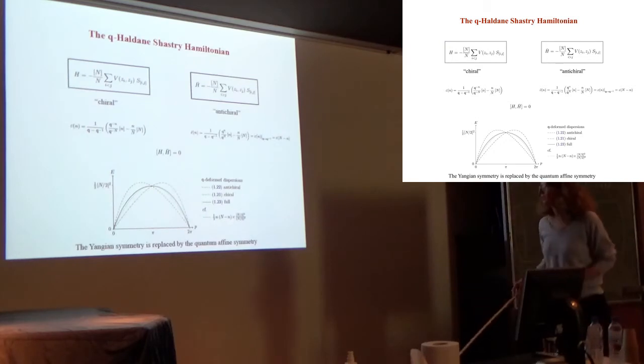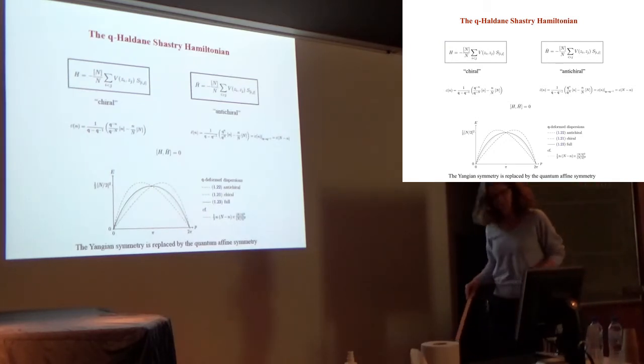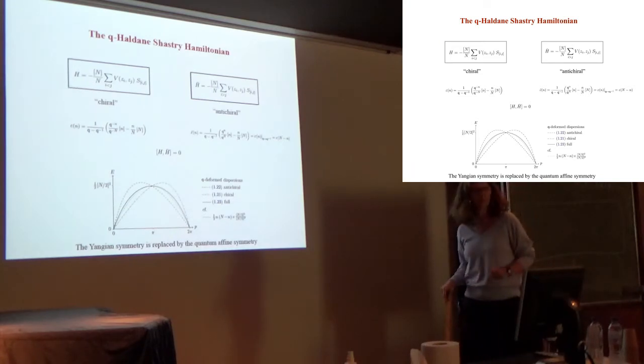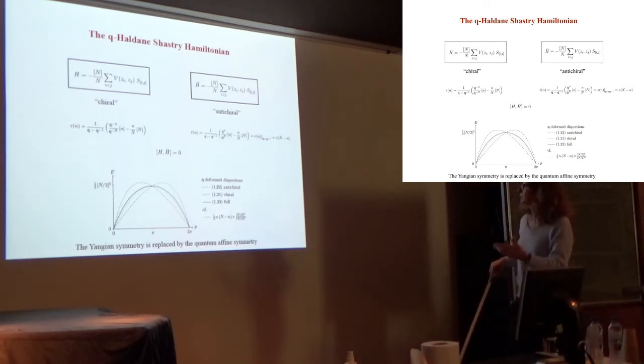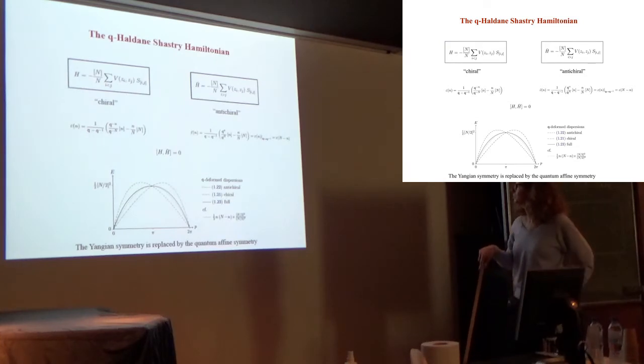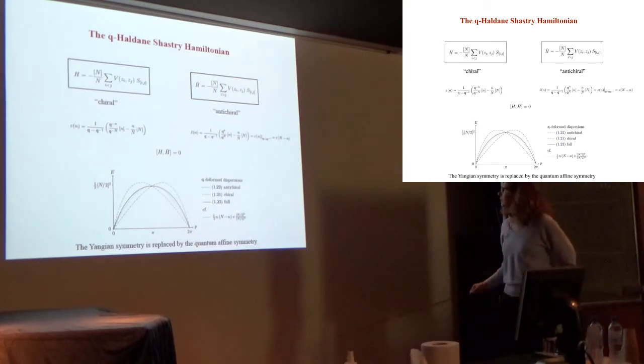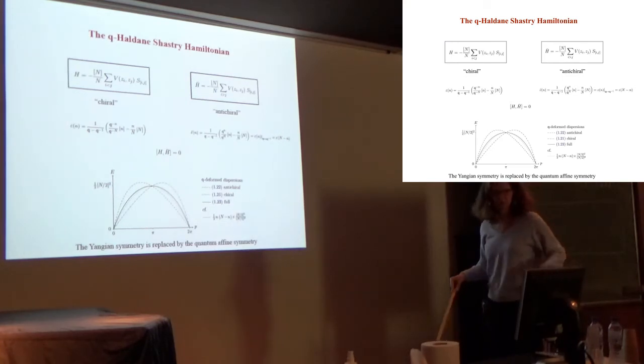The degeneracy is almost the same as for Haldane-Shastry. In fact, for the non-deformed model, the degeneracy is a little bit bigger because there are some accidental degeneracies when some of the numbers sum to some accidental coincidence of levels, but otherwise generically the symmetry is the same.